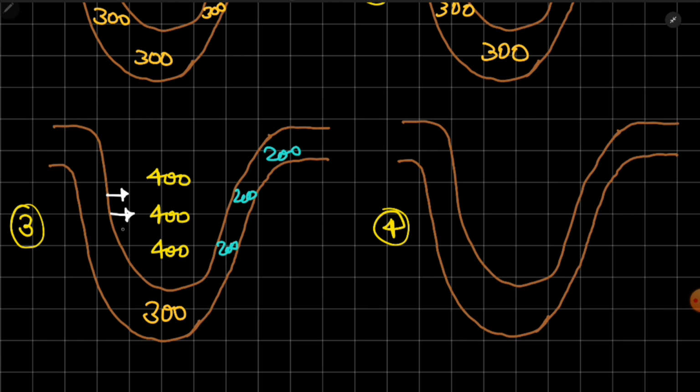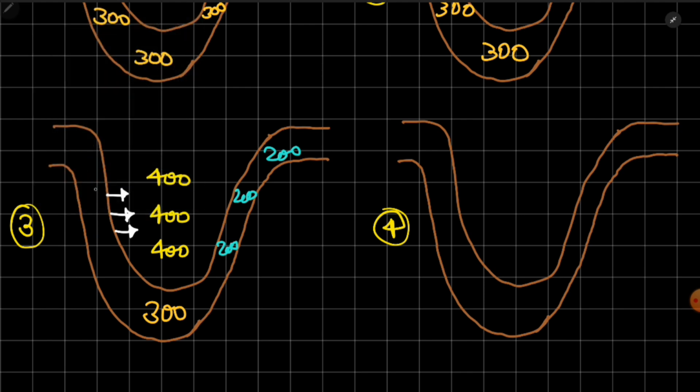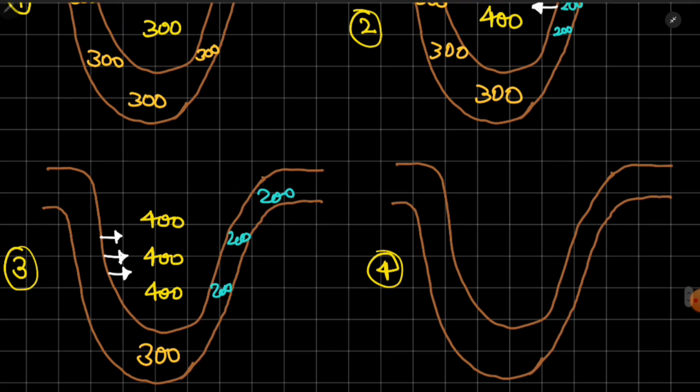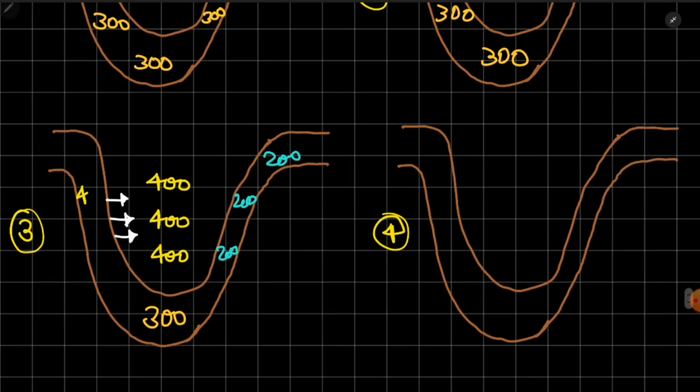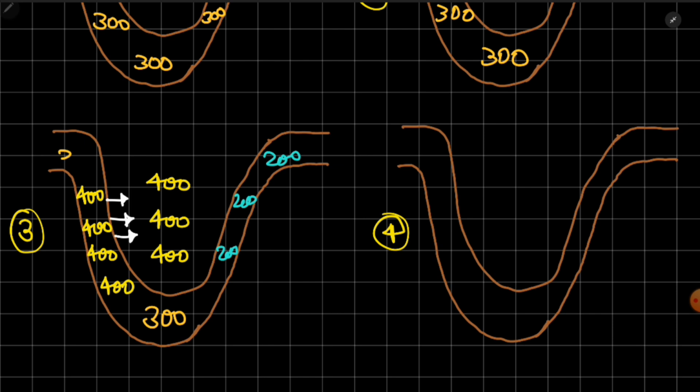Since water is removed, the osmolarity of the descending limb goes from 300 to 400. Earlier it was 300.